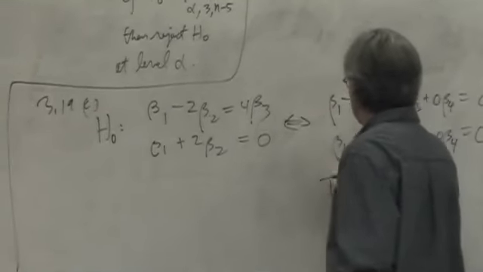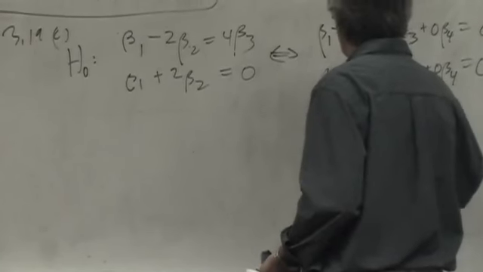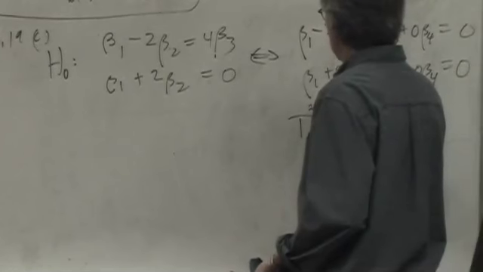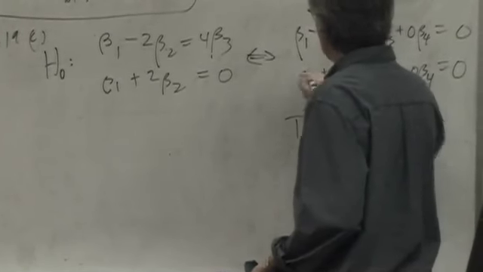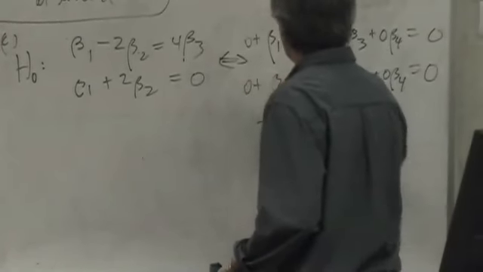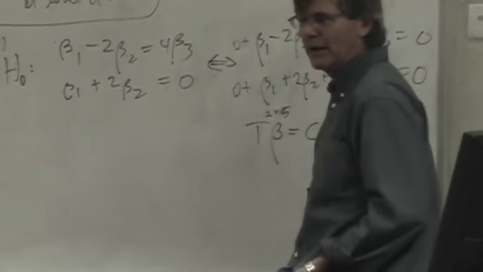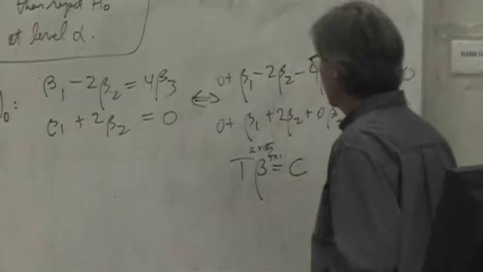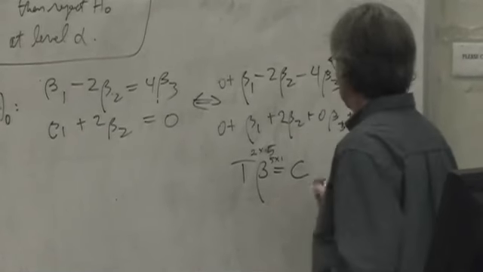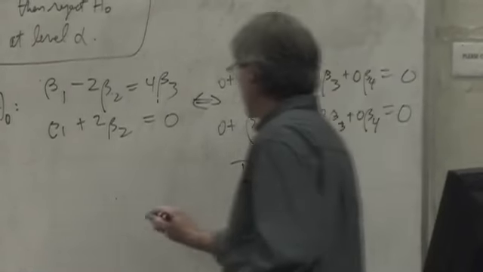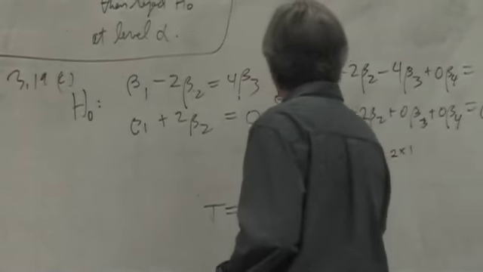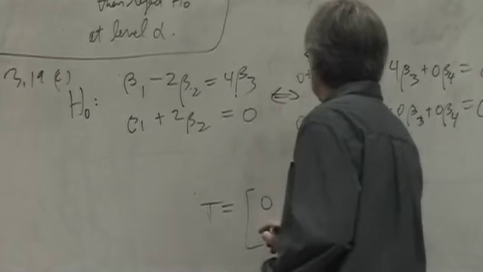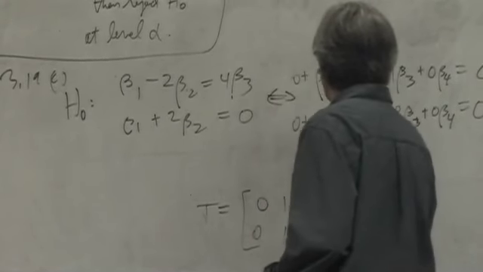This is written in the form T beta is equal to C, where T has 2 rows and 4 columns. Of course, excuse me, it should be 5 columns. I should put a 0 here too, because beta is a 5 by 1 column, because I'm considering the intercept as well. Equals C, 2 by 1, where T therefore is equal to the following matrix: 0, 1, minus 2, minus 4, 0; 0, 1, 2, 0, and 0, the coefficients of the betas.